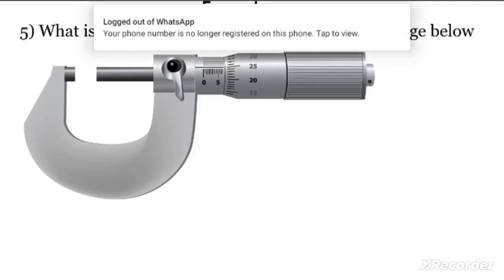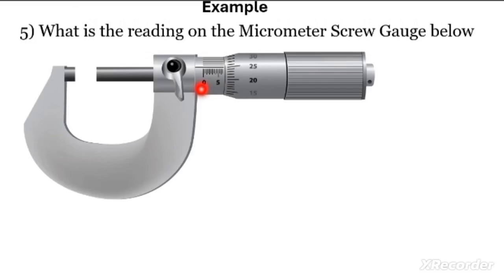So the mark on the main scale, let us start counting from here: 0, 0.5, 1, 1.5, 2, 2.5, 3, 3.5, 4, 4.5, 5, 5.5, 6, 6.5. So the mark on the main scale is 6.5, which is here.